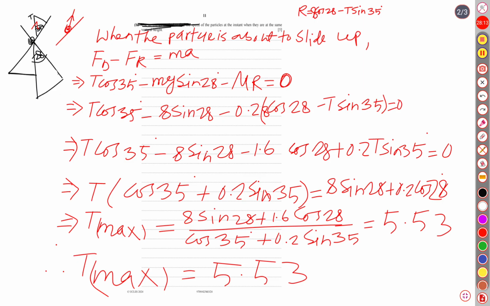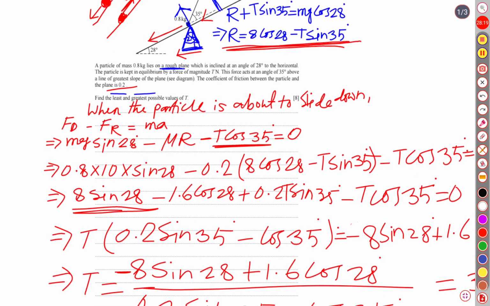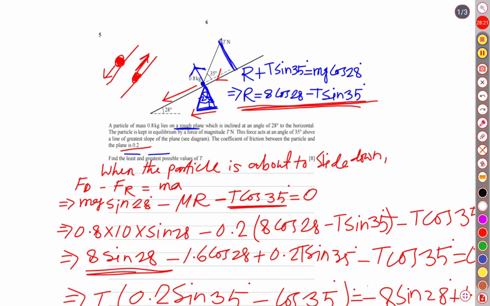I think you have understood. So for the first case, I am explaining again. There are two cases. In one case, the particle was about to slide down, and weight is the only driving force trying to slide the particle down.